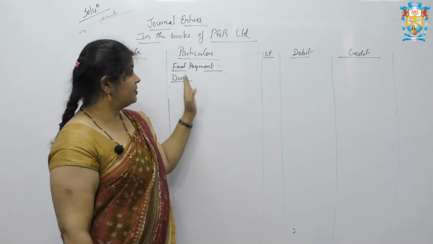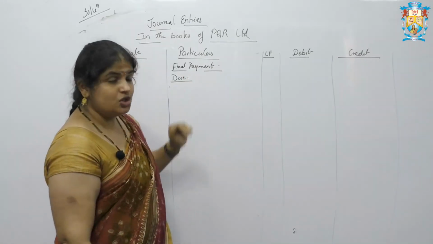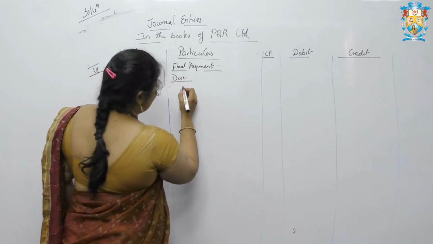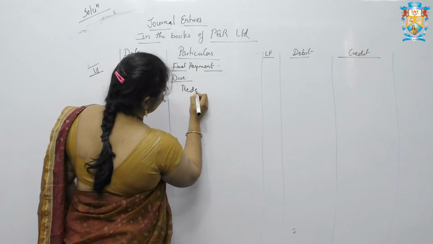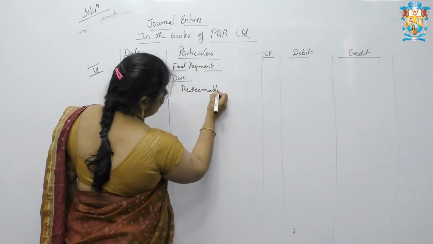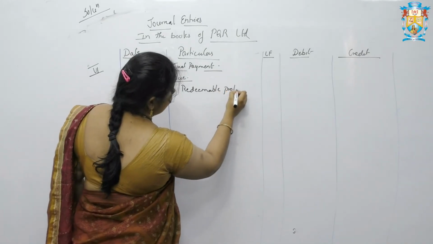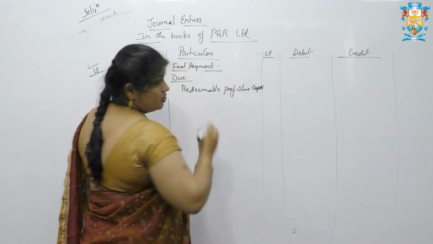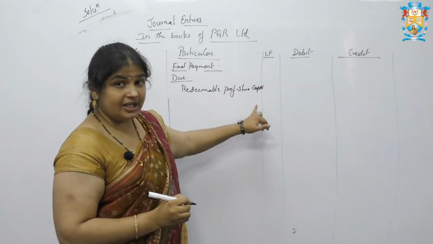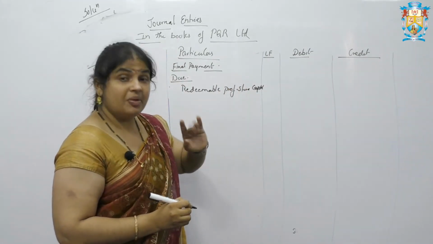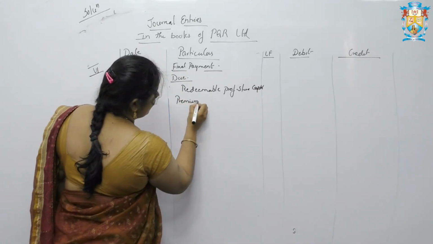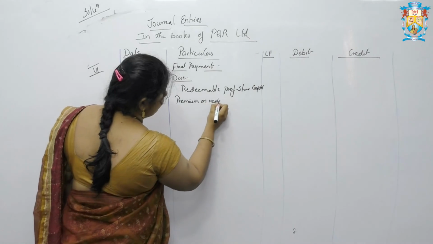So our last step is final payment. Under that, first write the due entry, that is redeemable preference share capital. Here along with the share capital we are going to give a premium amount. Write premium on redemption of preference shares.